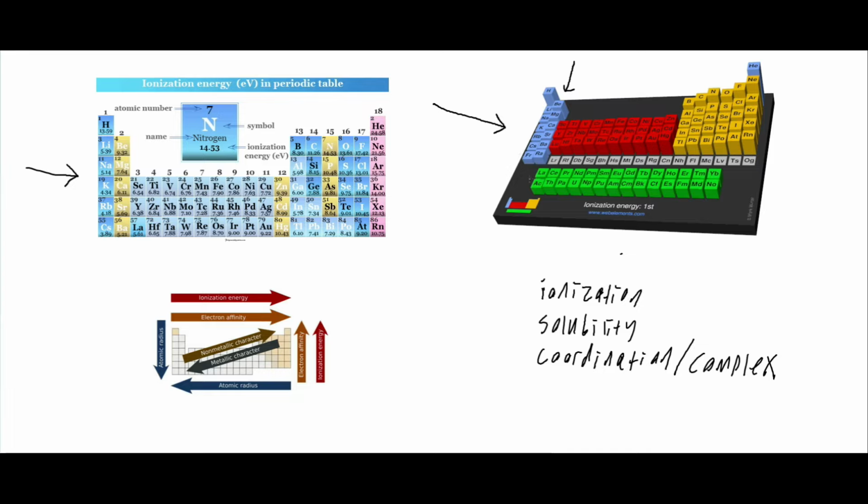In fact, these ones on the far left want to give away their electrons so readily that if they're exposed to air or water, they will actually burn because they're giving away their electrons so quickly, or so readily. Quickly would be a kinetic statement, whereas readily, I guess, is a thermodynamic statement.